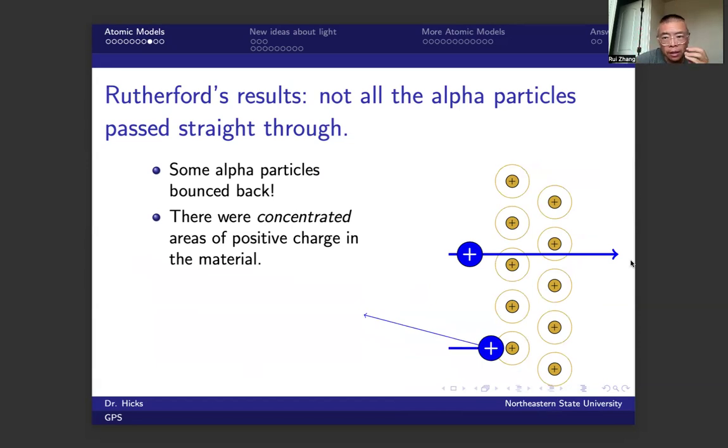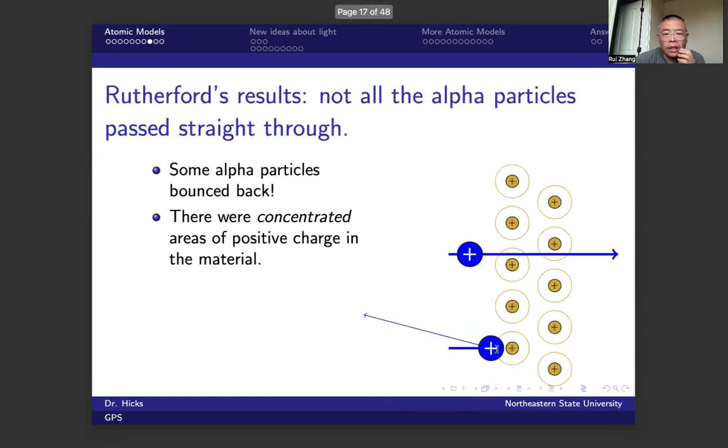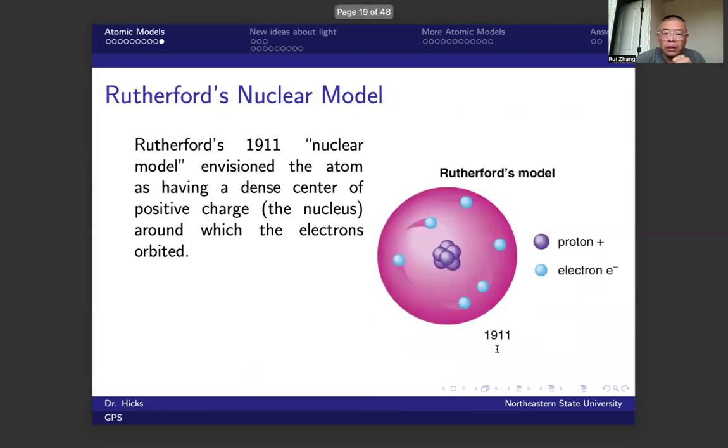And only a small portion of them was reflected. So from there, he concluded that the materials are not really evenly spread out in each atom. It must be that most of the mass is actually concentrated. So most of the space in the atom is empty.